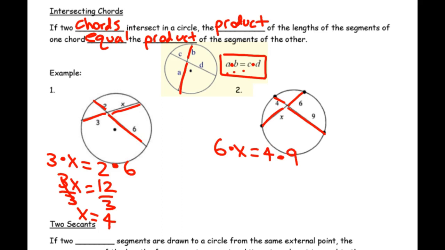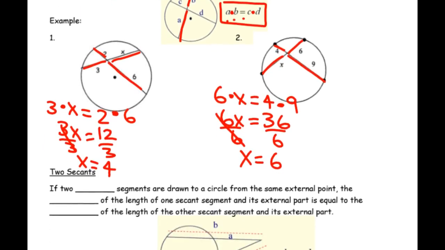Alright, 6 times x is 6x, 4 times 9 is 36, and then last step, divide by 6, and I get just 6. So if you got two chords inside a circle, those are going to multiply and set them equal. Seems doable. Not too bad.